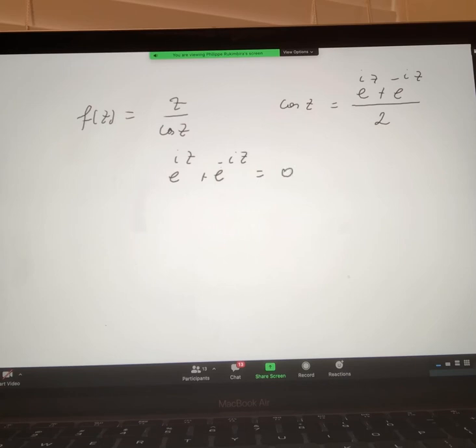And usually multiply by e to the iz, so you get 1 here. And then you put everything in exponential form. Negative 1, that's e to the i pi.